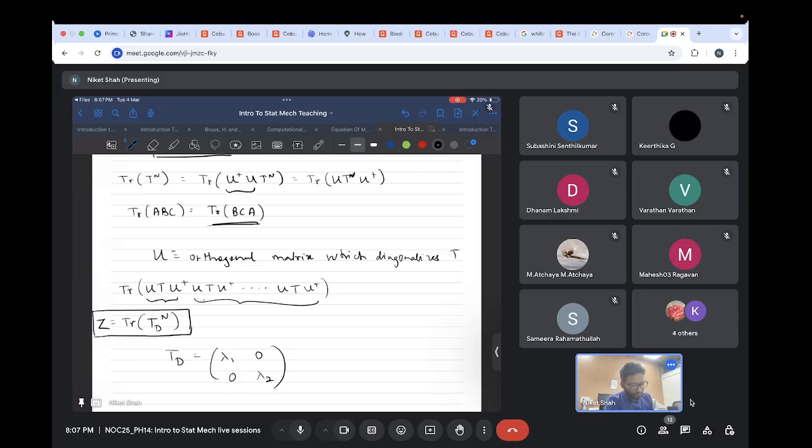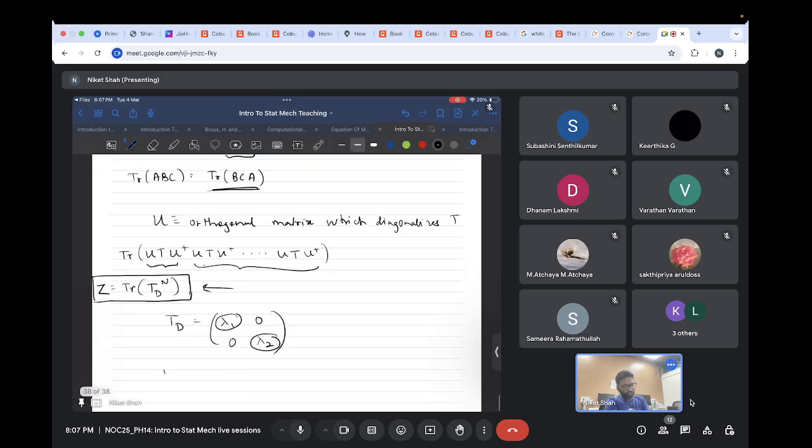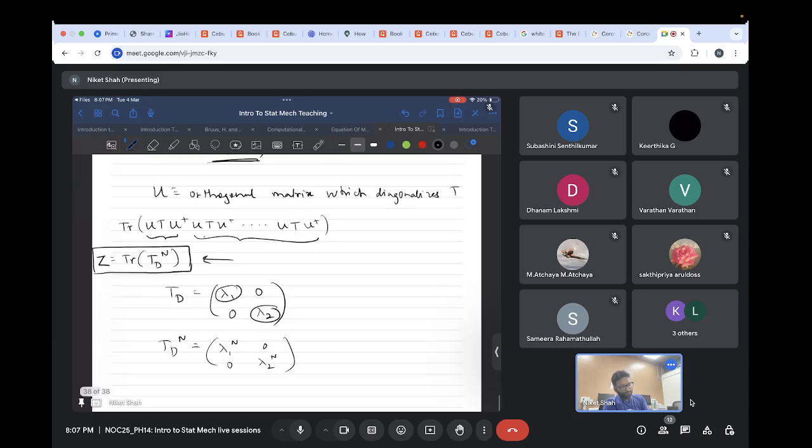So that's why, because the partition function is simply its diagonal form raised to n, and its diagonal form just has eigenvalues in the diagonal. So Td raised to n is just lambda 1 raised to n, lambda 2 raised to n, 0, 0. And Z, which is the trace of Td raised to n, is simply lambda 1 raised to n plus lambda 2 raised to n. This is my partition function.